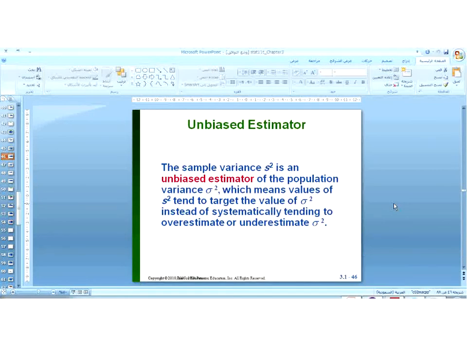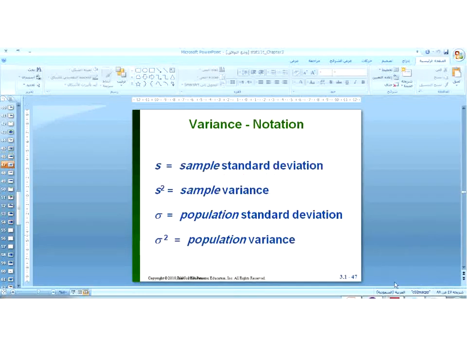The sample variance is an unbiased estimator of the population variance sigma squared, which means it is a good estimator of the population variance.